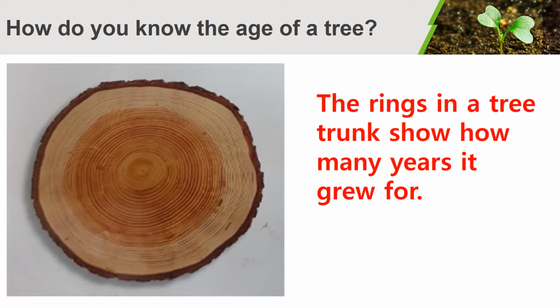When we observe the inner portion of a trunk, you will find many rings as shown in the figure. These are called tree rings. These rings help us to find the age of the tree. This tree was about 70 years old.